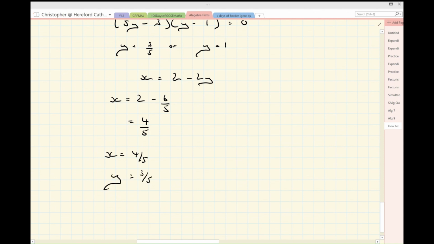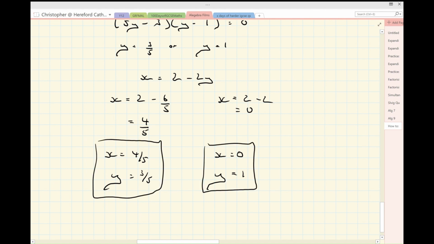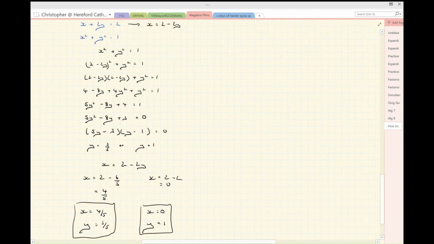Or alternatively, if y is 1, then x will be 2 minus 2, which is 0, giving me the solution x is 0 and y is 1. So there are my two solutions to that simultaneous equation.